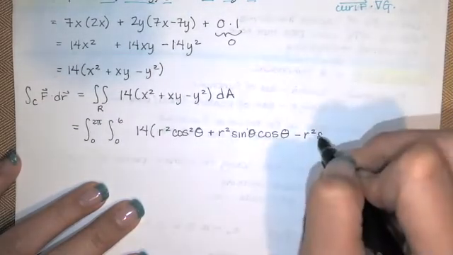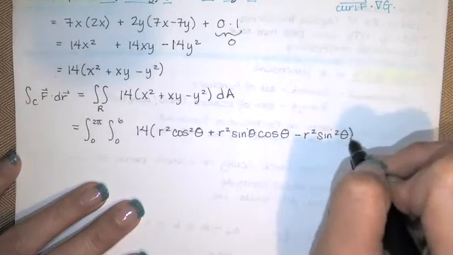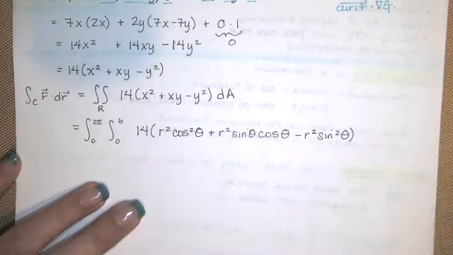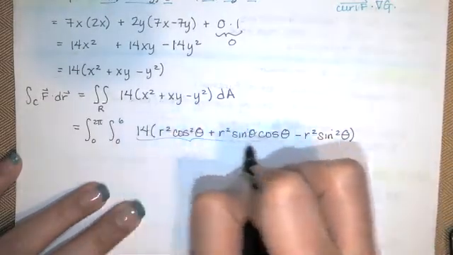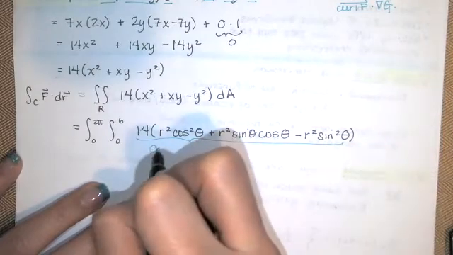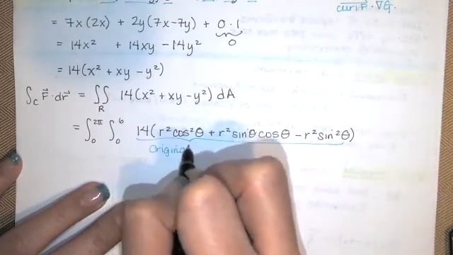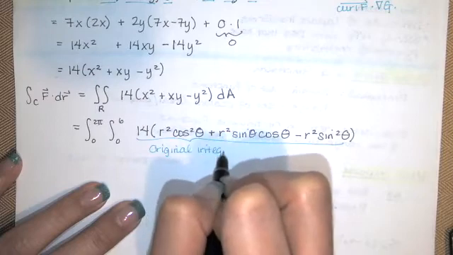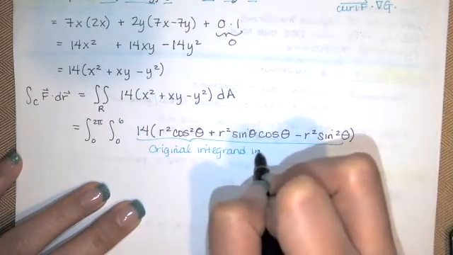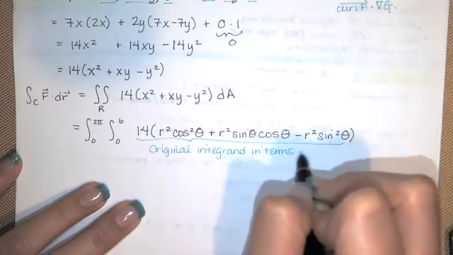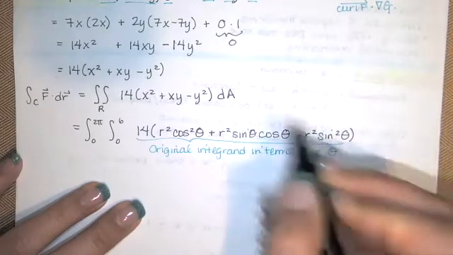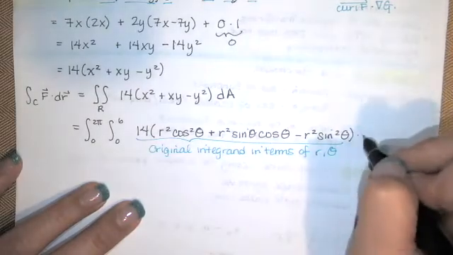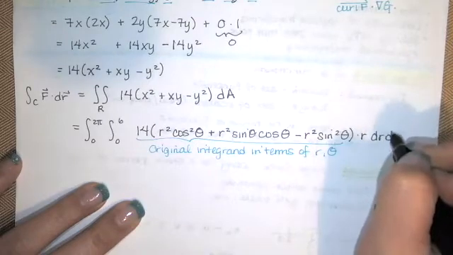So that's r squared sine squared theta. So that's our integrand in terms of r and theta, our original integrand. And dA is r times dr d theta.